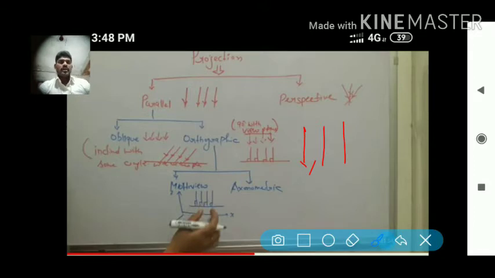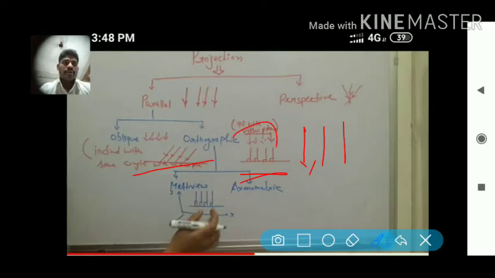In orthographic, the lines are perpendicular to the plane at 90 degrees and parallel to each other. In oblique, they are parallel to each other but inclined towards the plane. Look at here, these are inclination lines, these are the perpendicular lines.